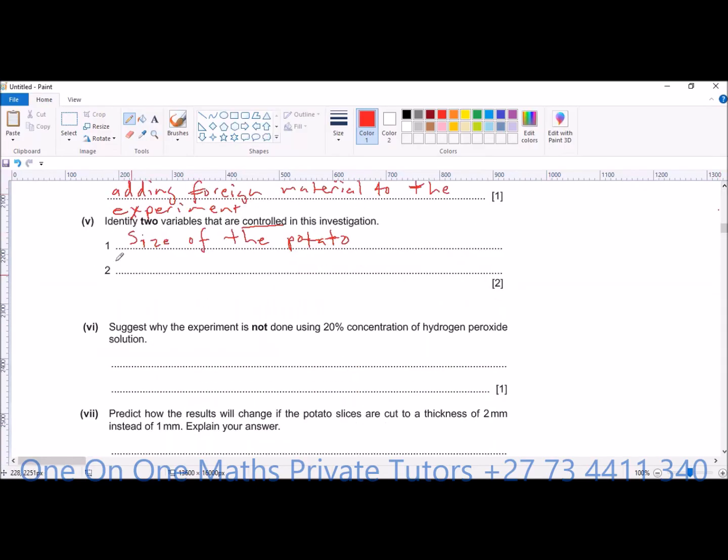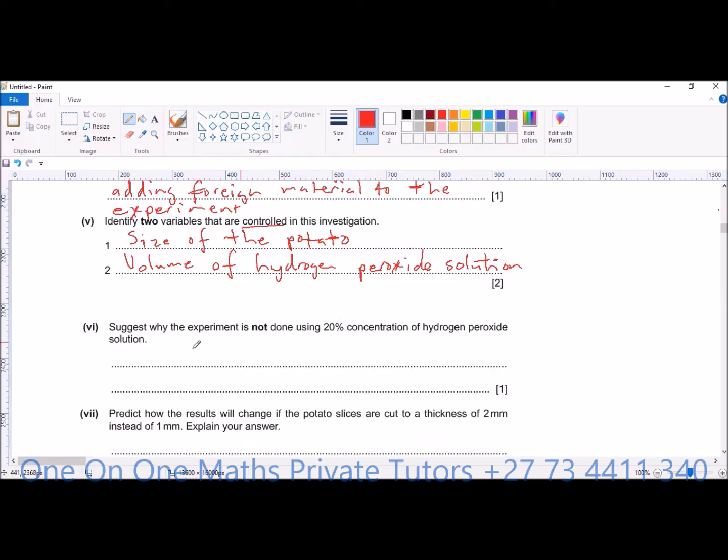So here we can say, volume of hydrogen peroxide solution. So the concentrations are different, but the volume is the same.